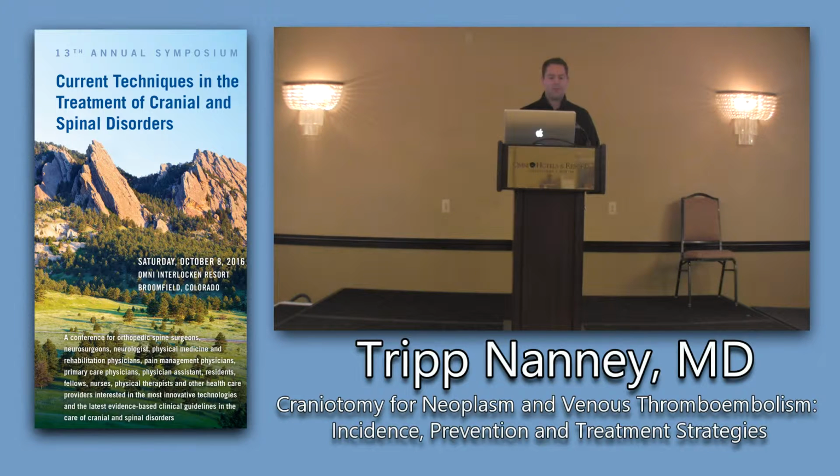Then if you look at people with brain tumors, the rates are even higher than patients with other malignancies who don't have a brain tumor component. So venous thromboembolus, again, significant increase in mortality in cancer patients. That's been published, that's been proven.